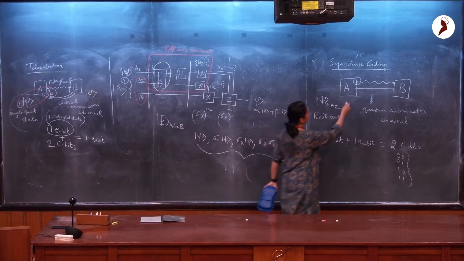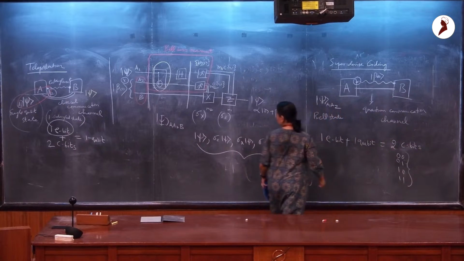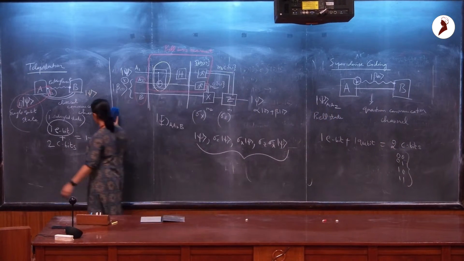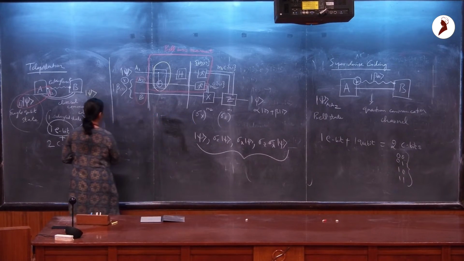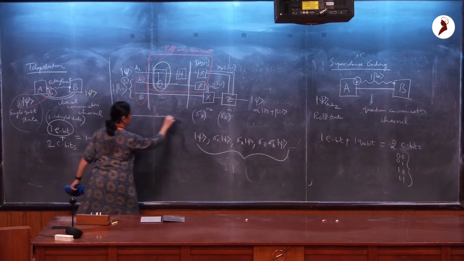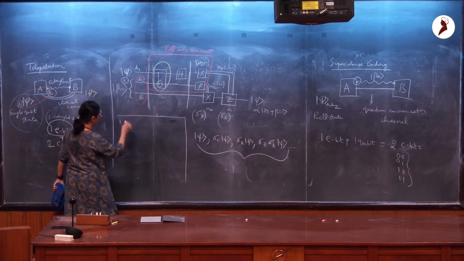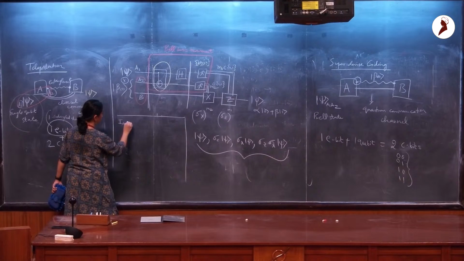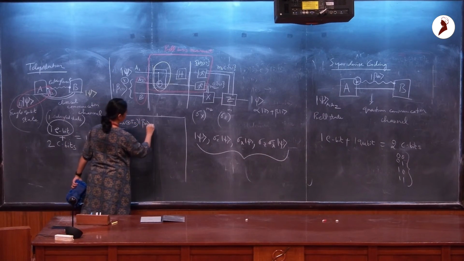Let's say that the state they shared to begin with is beta 0,0. I'll work this out here. What happens if you apply one of these 4 unitaries to beta 0,0? A could do nothing, which is just identity, and that is just beta 0,0.